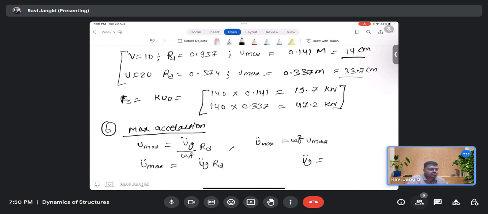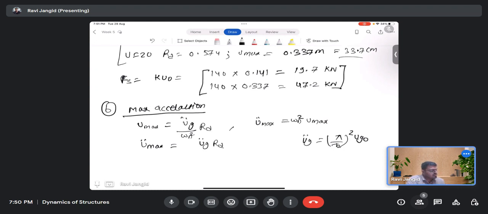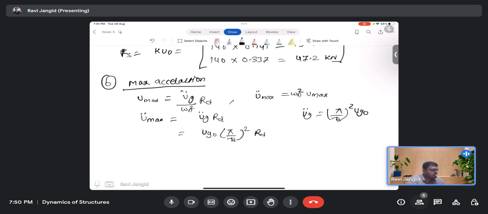Ug double dot into Rd is (pi by Td) square into Ug naught into Rd, for maximum response only. So if you put it, you will get Ug naught (pi by Td) square into Rd. You have Ug naught as 0.15, pi, Td, and Rd.